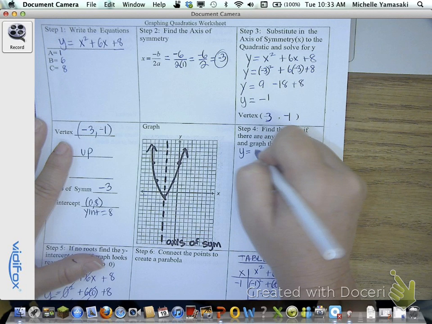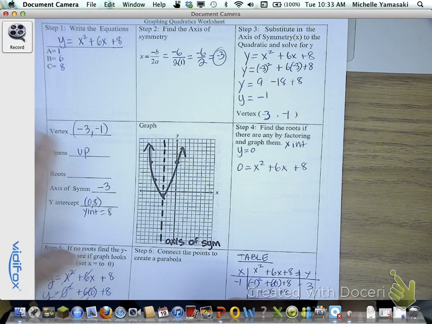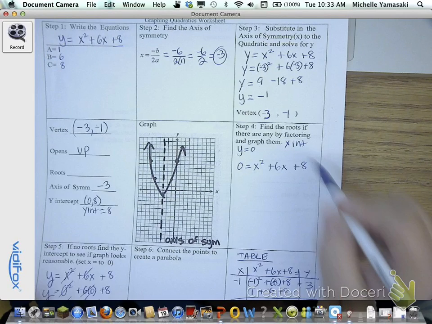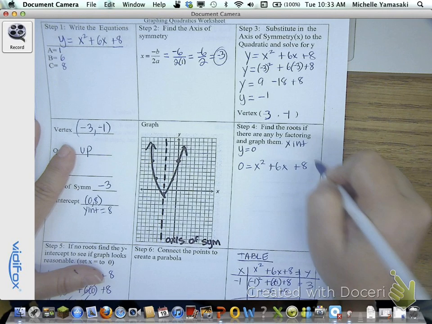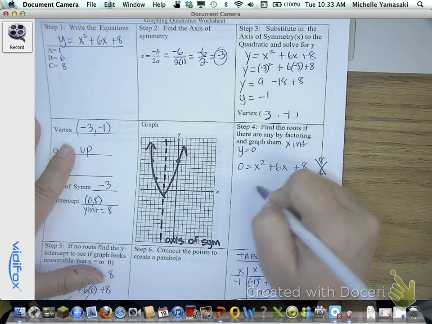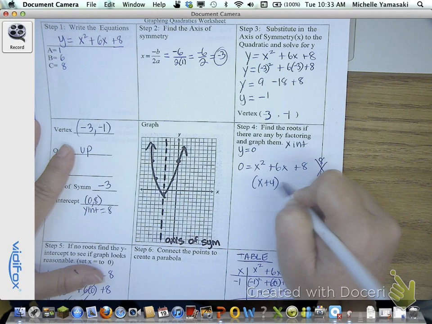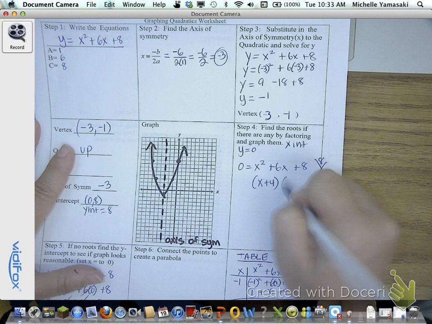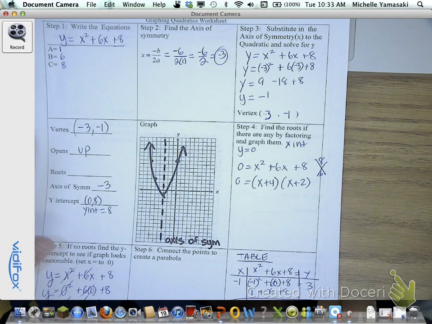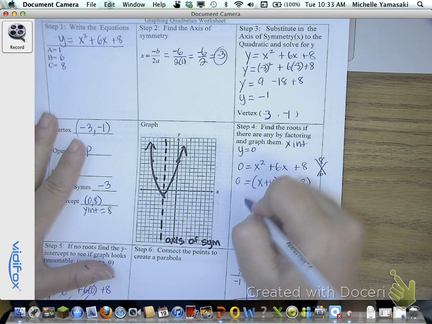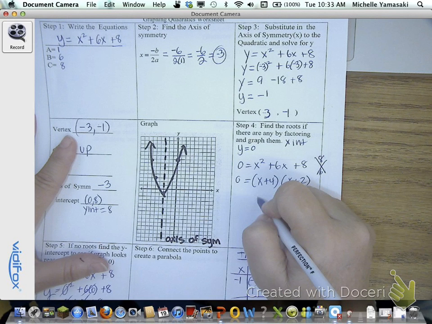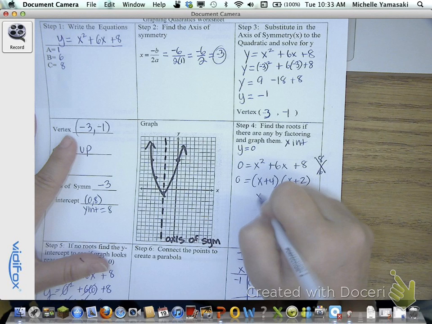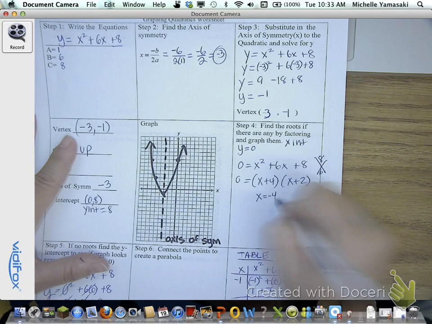And we go back to chapter 6, and we solve the quadratic for our 0 product property. What multiplies to 8 and adds to 6, I get x plus 4 times x plus 2 equals 0. And now, since it's the 0 product property, we have x is equal to negative 4, x is equal to negative 2. And those are my roots.